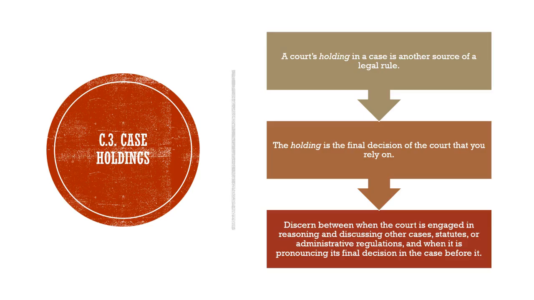So as you're reading, you need to discern between when the court is engaged in reasoning and discussing, which is application, versus when it's pronouncing its final decision in the case before it. And sometimes this is pretty simple, and sometimes it's not.